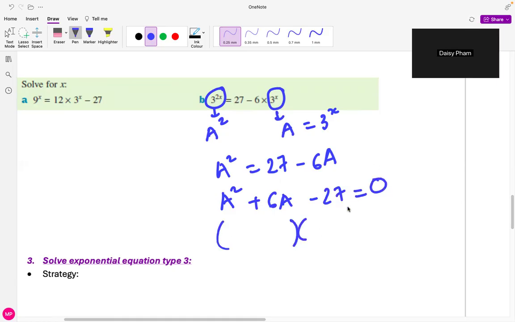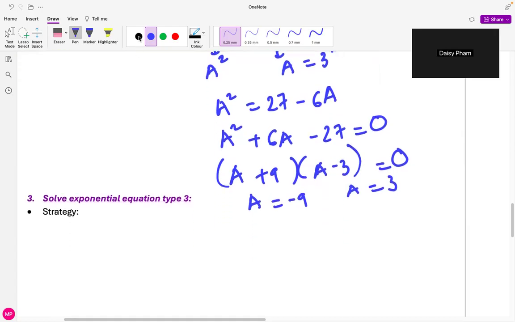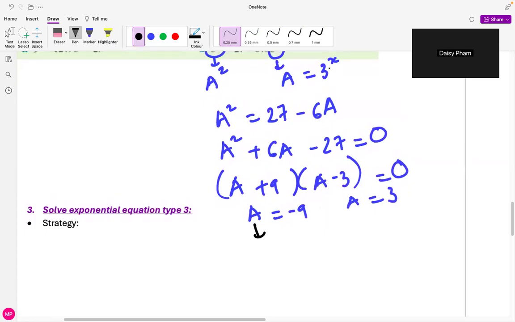Factorize this, we would have plus 9 and minus 3. So we have a equals -9 or a equals 3. All right, once we solve for a, then we're going to replace a as 3 to the power of x. So we have 3 to the power of x equals -9 or 3 to the power of x equals 3.